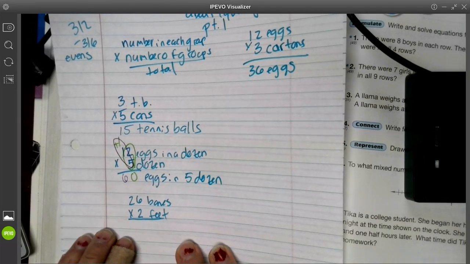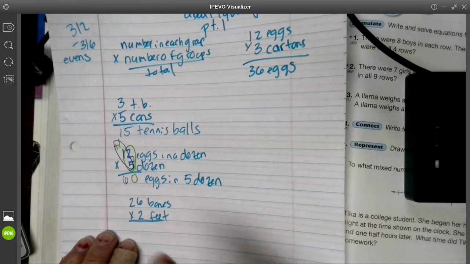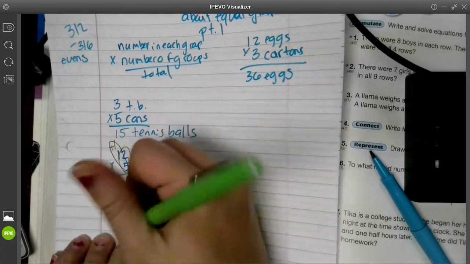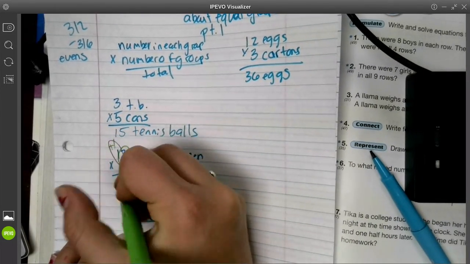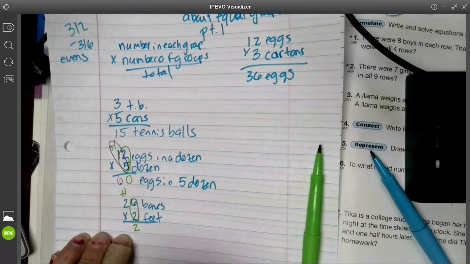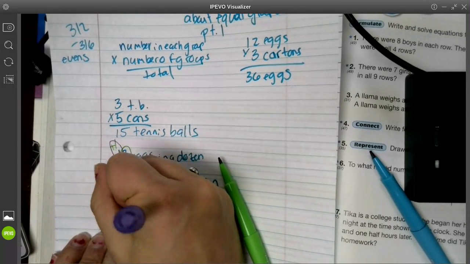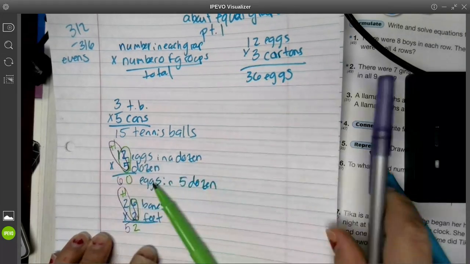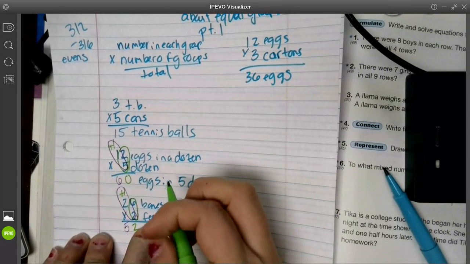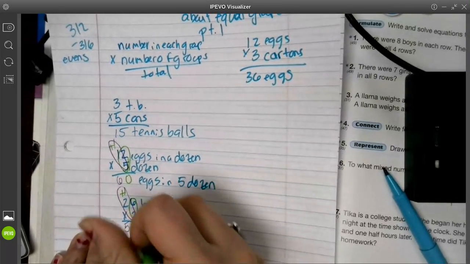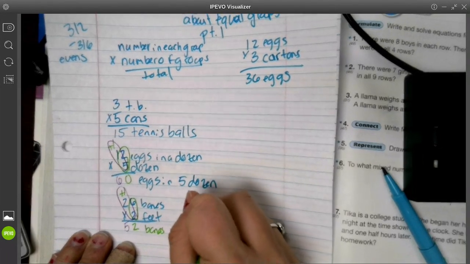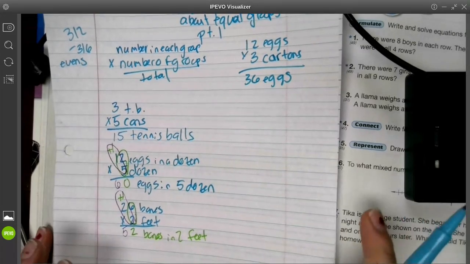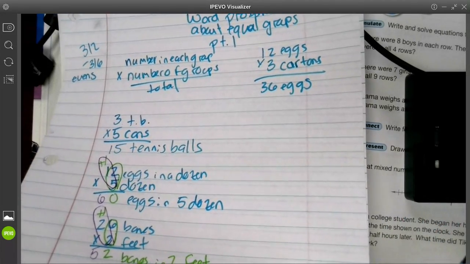So we're going to multiply to figure out how many bones we have total. 6 times 2 is 12. Carry our 1. We go diagonal. 2 times 2 is 4 plus 1 more is 5. So 52 bones in 2 feet.